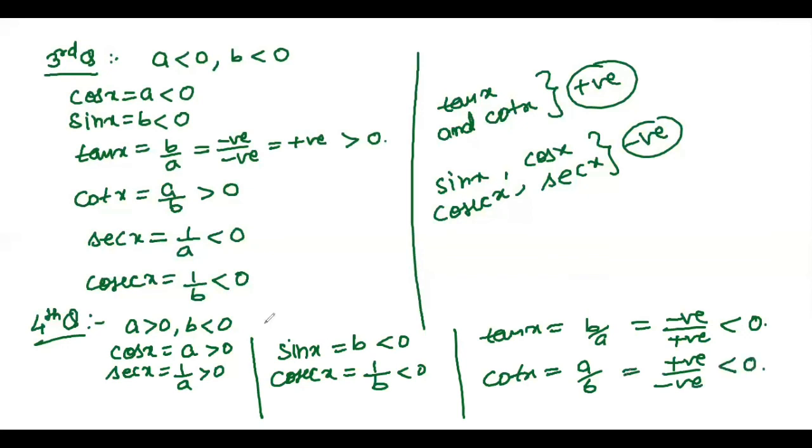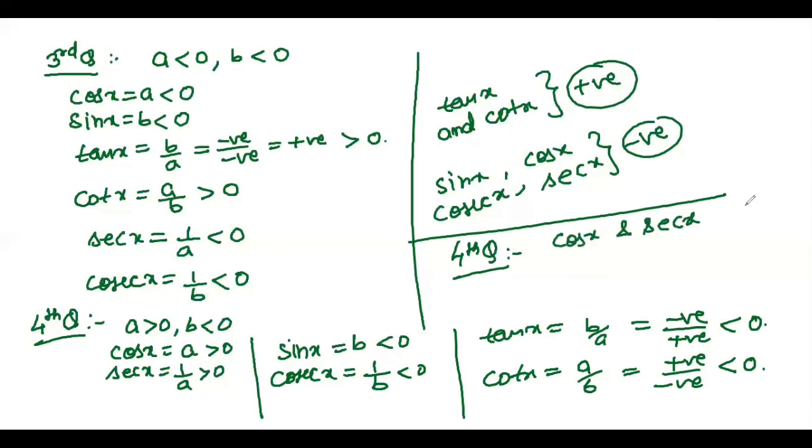So in the fourth quadrant, cos x and sec x positive, sin x, cosec x, tan x, cot x all negative.